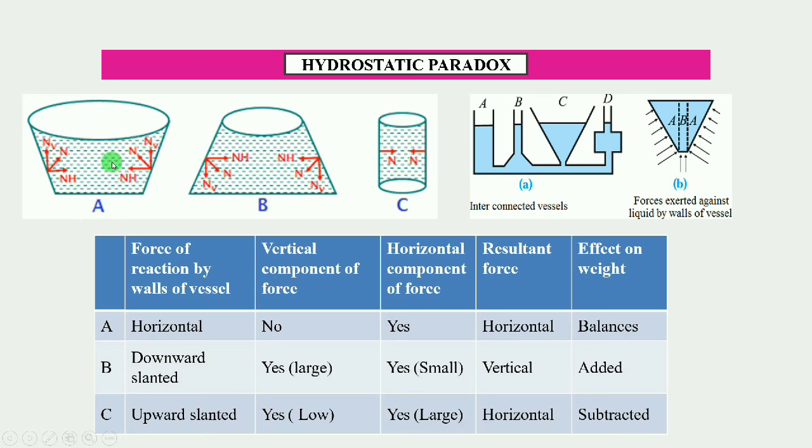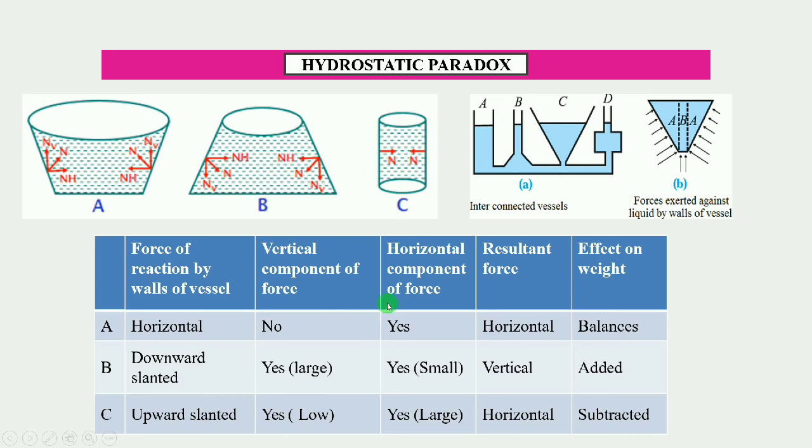Here the weight of liquid is larger, but some amount is balanced by the vertical component, so the pressure acting on the base will be the same. Here the amount of liquid is less, it is a small container compared to A, so there will be a vertically downward component that gets added to the weight, and it will increase the weight up to equal to vessel A, so that the pressure exerted at the base of vessel B will be the same as that of A.